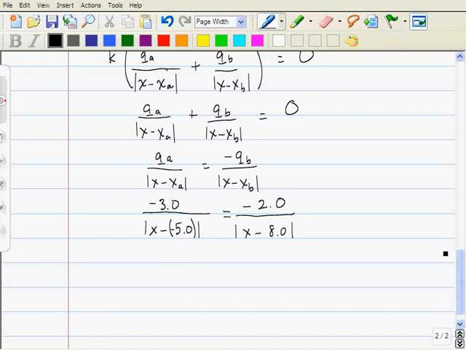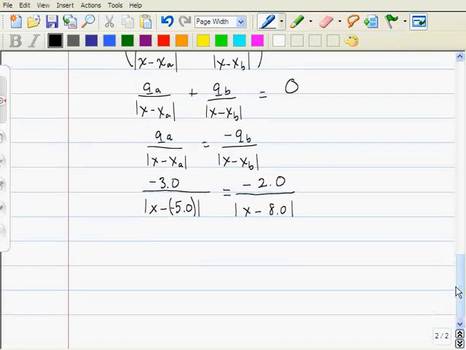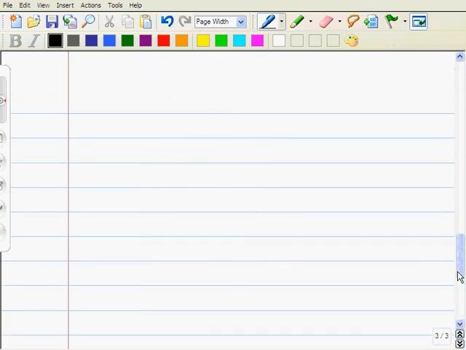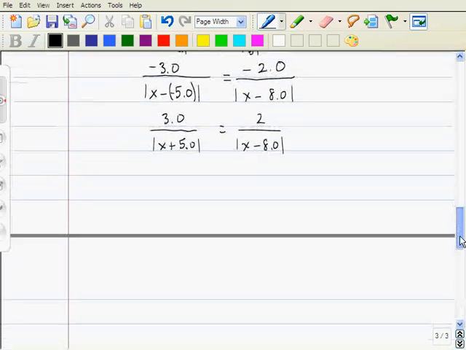I've got negatives on both sides of the equation, so the equation actually looks like 3 divided by the absolute value of x plus 5, and that's equal to 2 divided by the absolute value of x minus 8. So we're ready now to just cross multiply and solve.